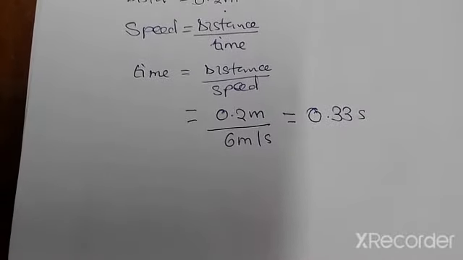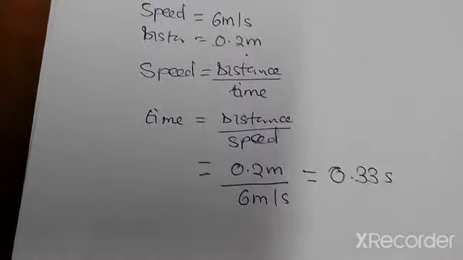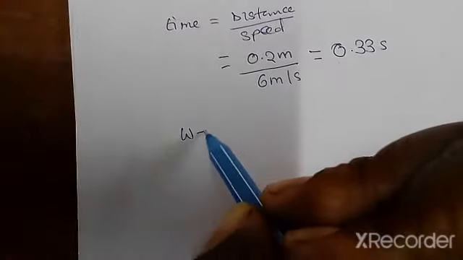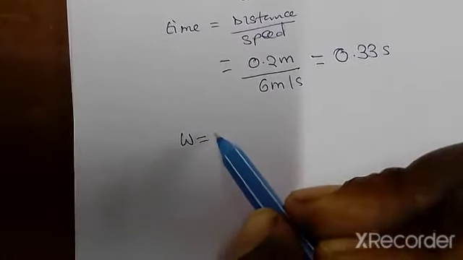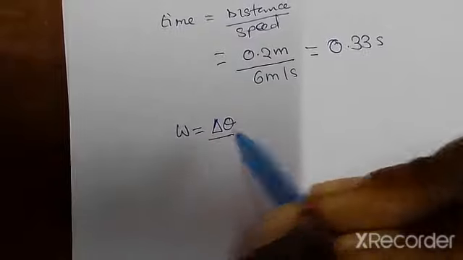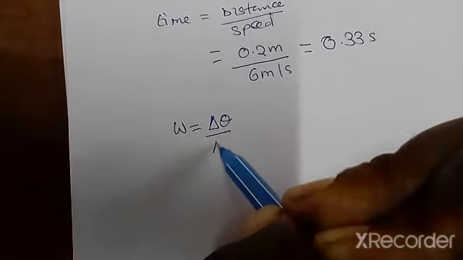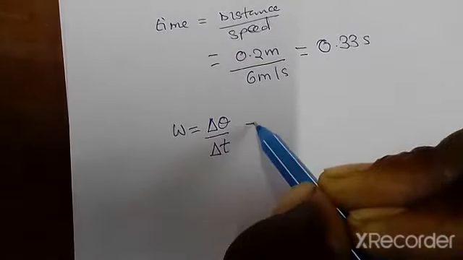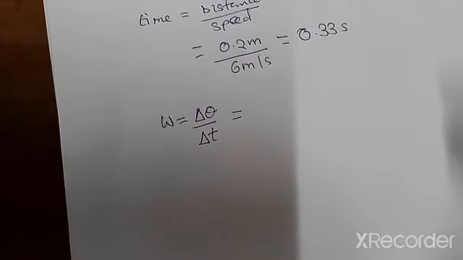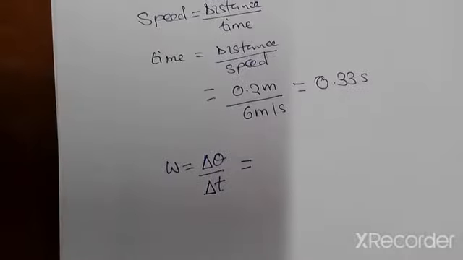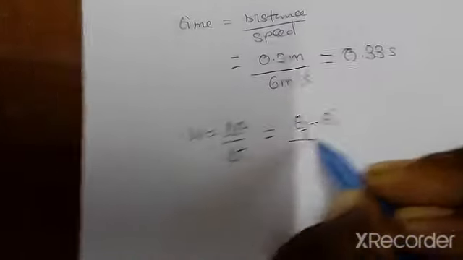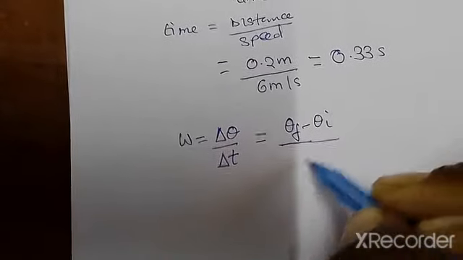wheel? So we can use the formula angular speed is equal to change in angular displacement divided by change in time. Now this wheel obviously started from rest. So we are going to say theta final minus theta initial divided by time.